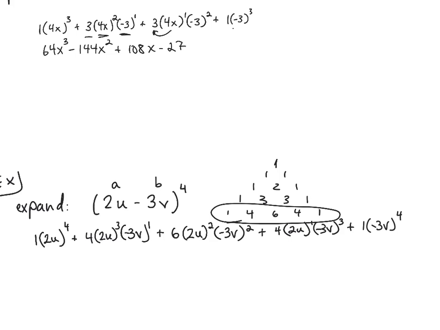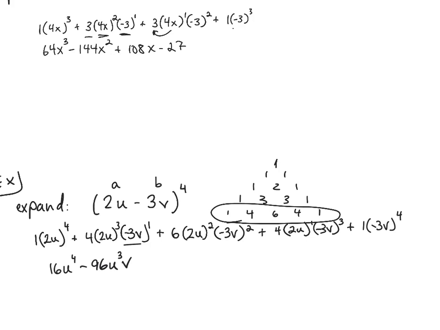So, first term, coming back here, 2u raised to the fourth power is 16u to the fourth. And we have a negative 3v to the first, which stays negative 3v. Here we have a 2 cubed, which is 8. 8 times 4 is 32, and then 32 times negative 3 is negative 96, and we're going to have a u cubed and a v to the first power.